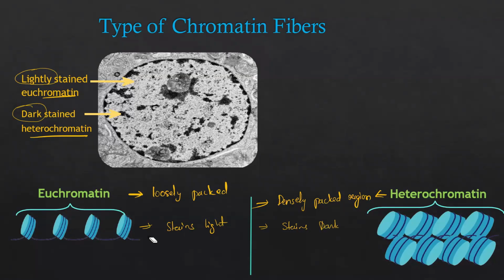And see here, if you want to create RNA from the DNA, you cannot do that when the chromatin is so tightly packed. You can only do it when the DNA is freely present. Even if you want to make another copy of DNA from the DNA itself, the replication, you need the packaging to be very loose. So that's why euchromatin is called transcriptionally active, whereas heterochromatin we call transcriptionally inactive.